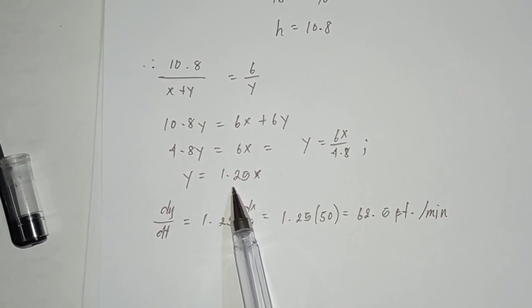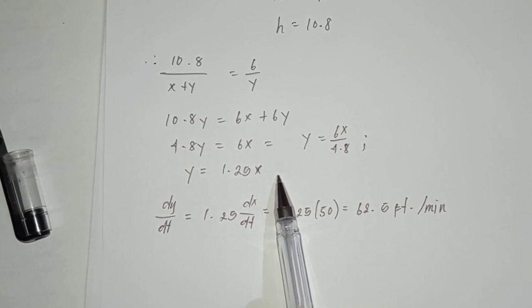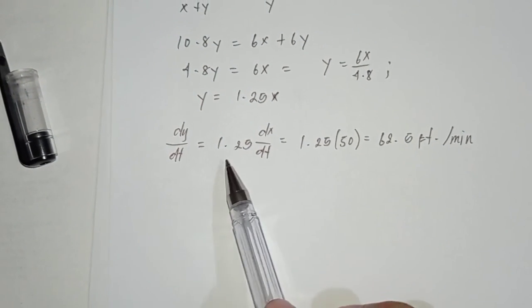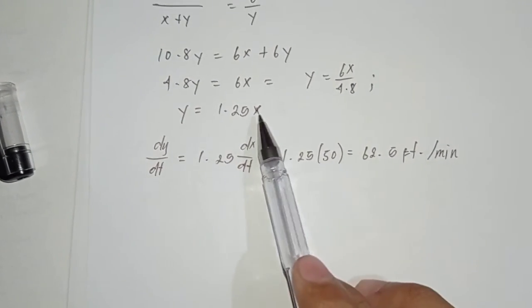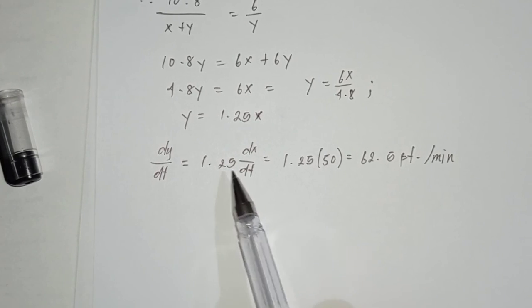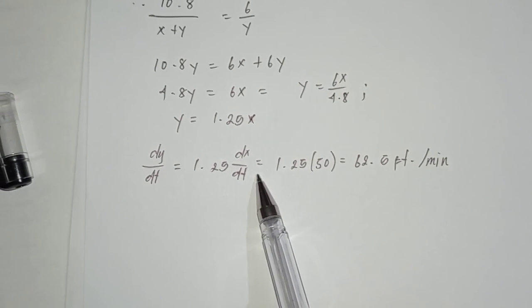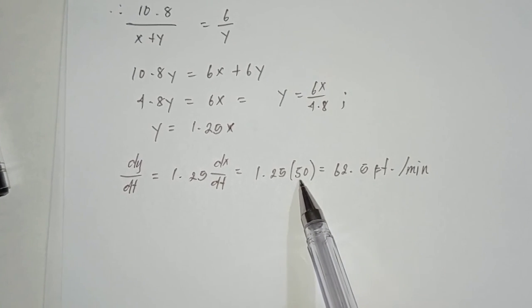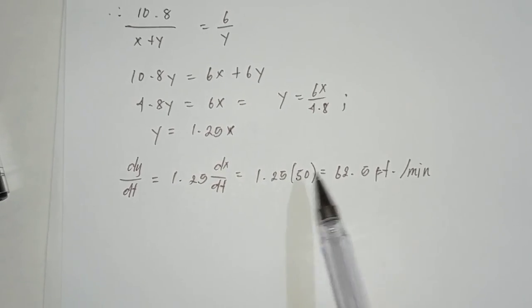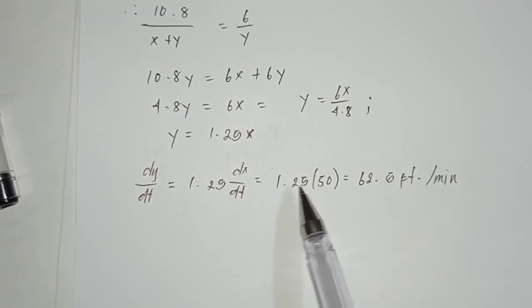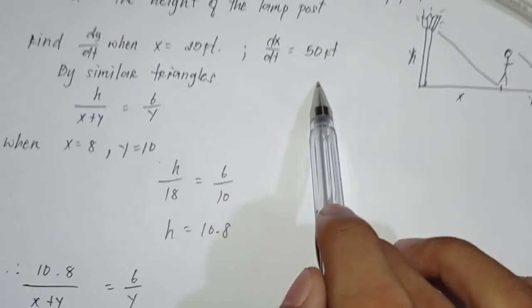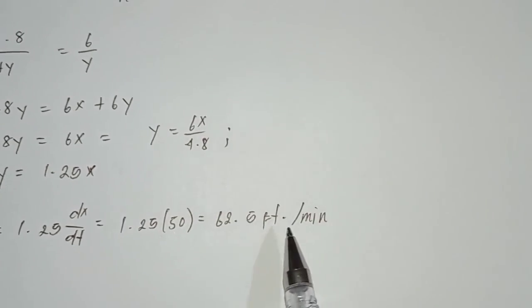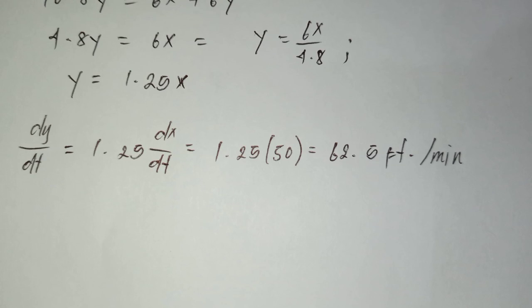Then y is equal to 1.25x. So dy over dt is equal to 1.25 times dx over dt. We differentiate 1.25x, then it equals 1.25 times 50, which is the value of dx over dt. Then we solve and we get the answer 62.5 feet per minute.